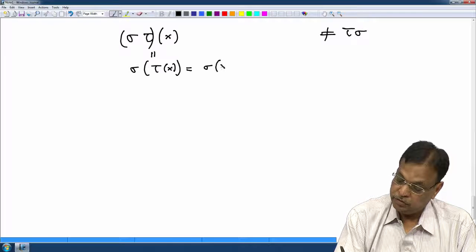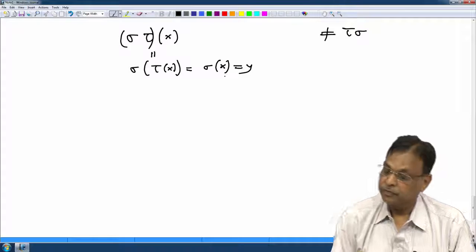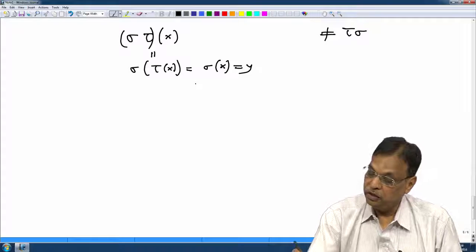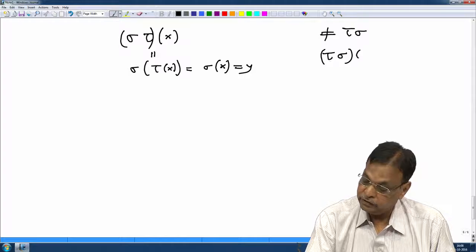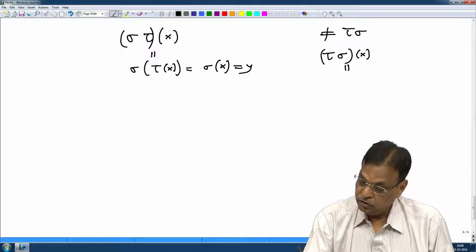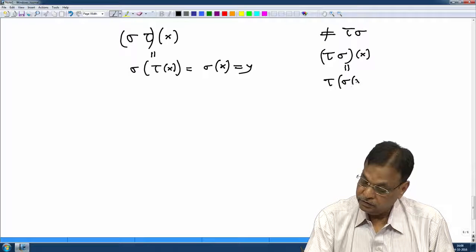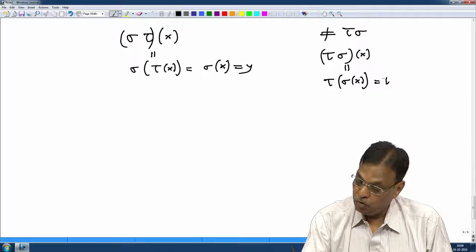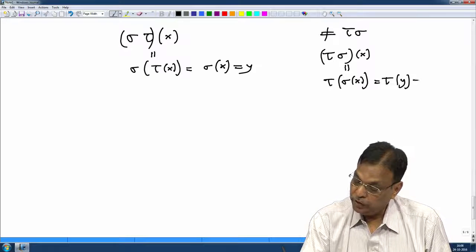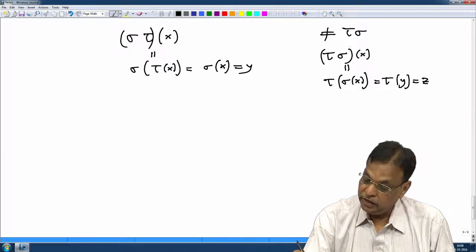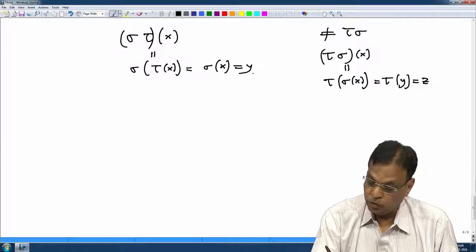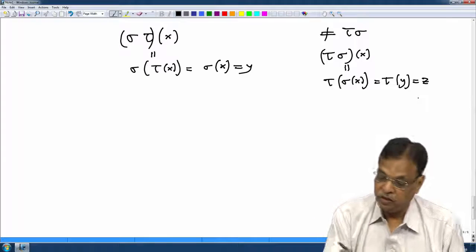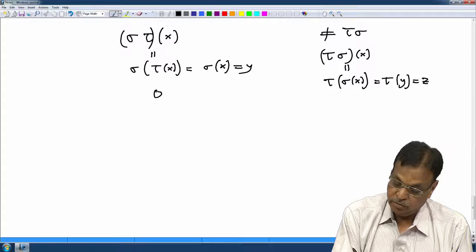So this is sigma of x, which is y. Let us compute the other side, tau sigma on x. This is tau of sigma x, that is tau of y, but tau of y is z. So this side evaluated at x gives y, the other side gives z, and y is different from z. So that shows that sigma tau is not tau sigma.